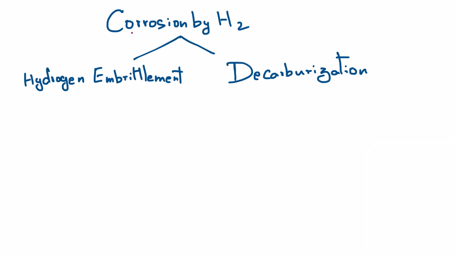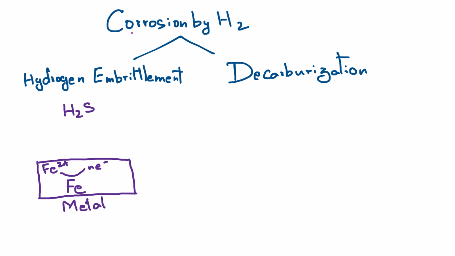Corrosion by hydrogen. Corrosion by hydrogen is of two types: hydrogen embrittlement and decarburization. Consider the metal iron. It undergoes oxidation when it comes in contact with a hydrogen sulfide environment. Iron undergoes oxidation and forms Fe2+ and releases electrons.